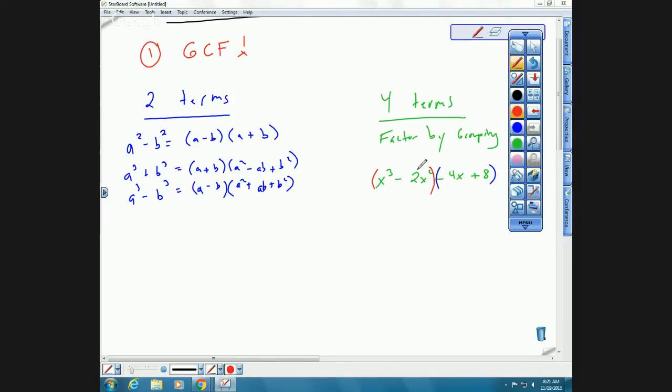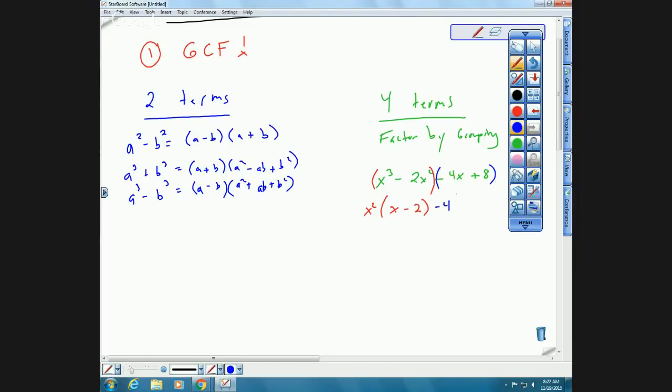So my red one, what can I pull out? X squared, right? So x minus 2. And my blue one, what can I pull out?